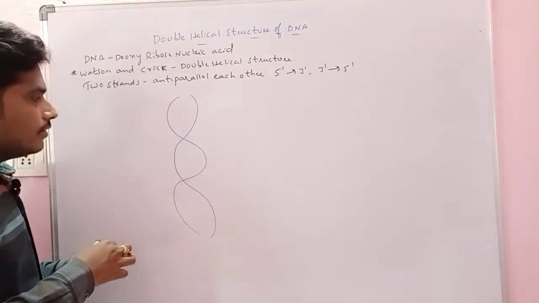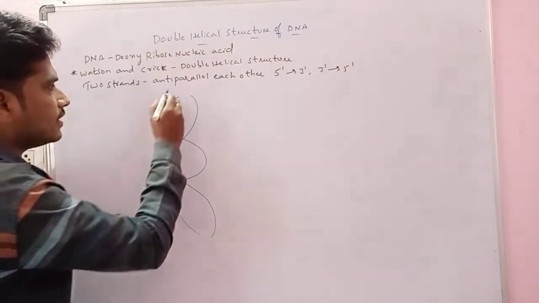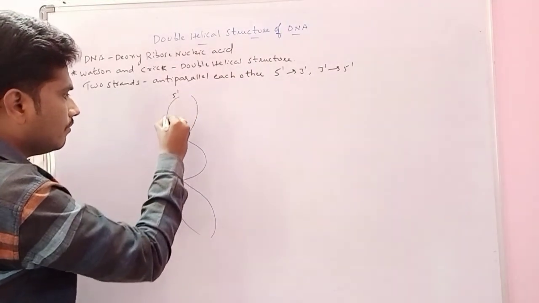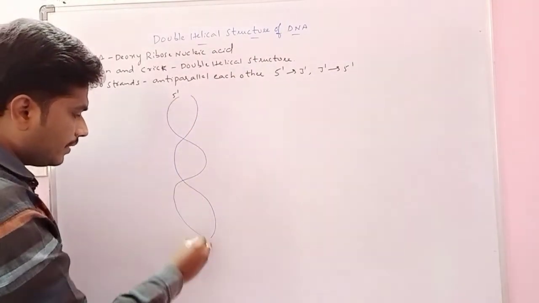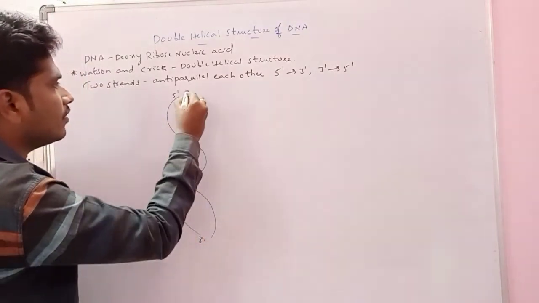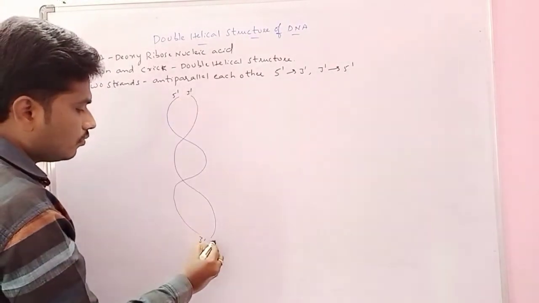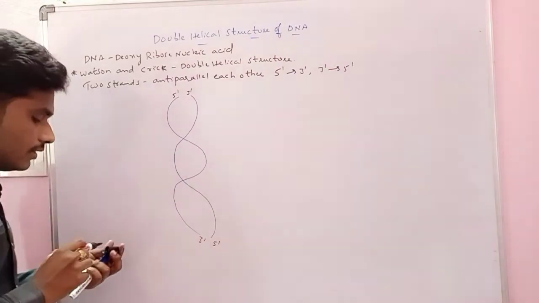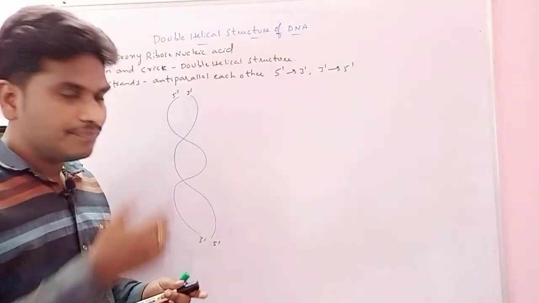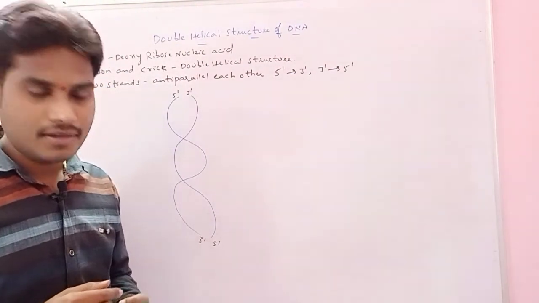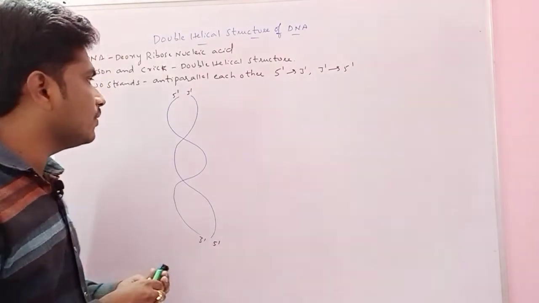If this strand is 5' to 3', the other strand will be 3' to 5'. On these strands, the nitrogen bases are arranged like this.